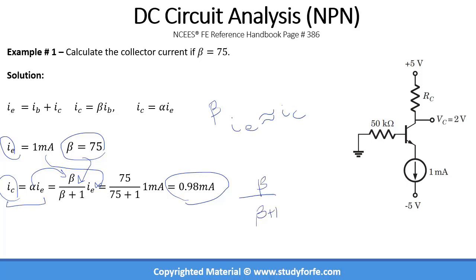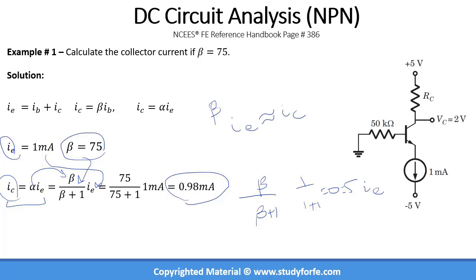If you're looking at a small value of beta, which typically is not the case, since beta would be higher than 50 in most cases, let's say the value of beta is 1. Then you're looking at 1 divided by 1 plus 1, which is 0.5. In that case, your IC will be 50% of your IE.